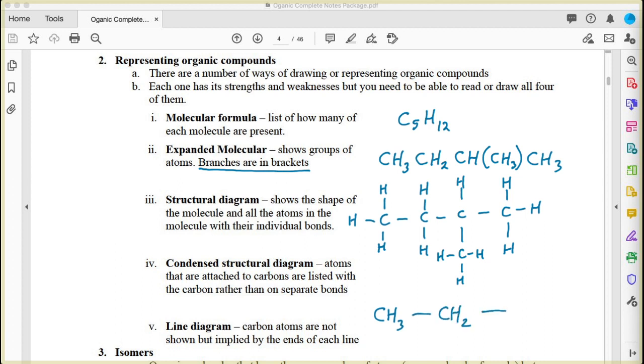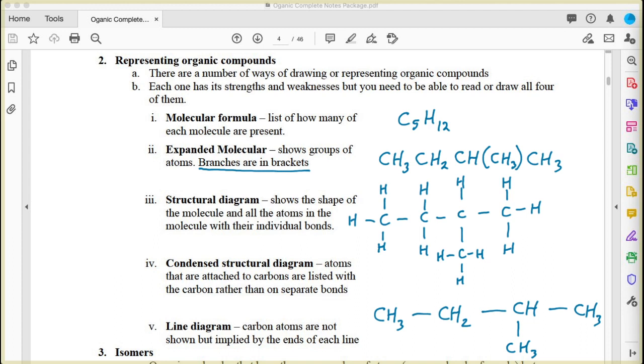It's attached to a CH that has a CH3 branch, and it's attached to a CH3. So again, same information. It's just a little bit more condensed than having to draw out every individual hydrogen and every individual bond. Just simplifies things down and makes things a little bit quicker for us.